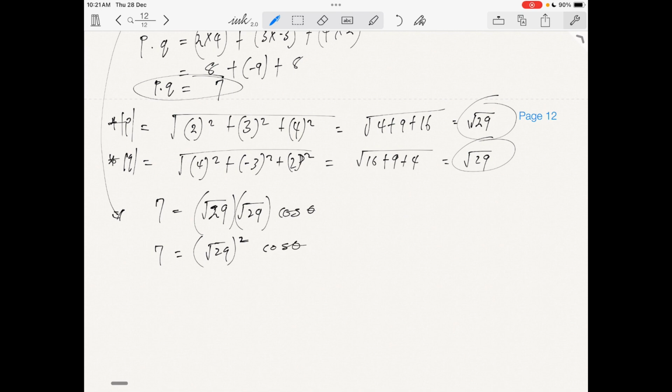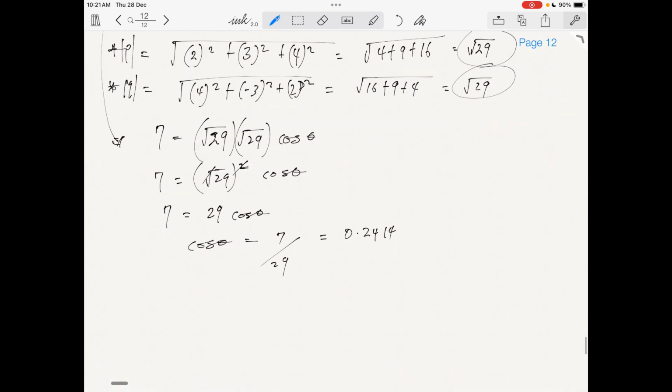The square roots cancel out the square, so we have 7 equals 29 cos theta, or cos theta is 7 divided by 29. 7 divided by 29 is 0.2414. Now our theta can be arc cos of 0.2414, and that will give us, in degrees, 76.03 degrees.